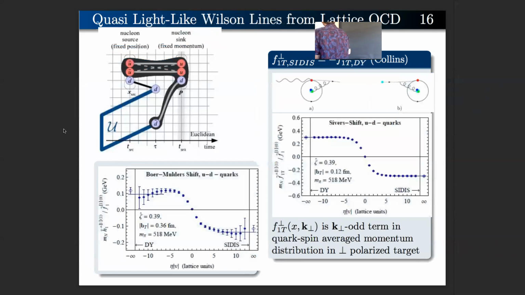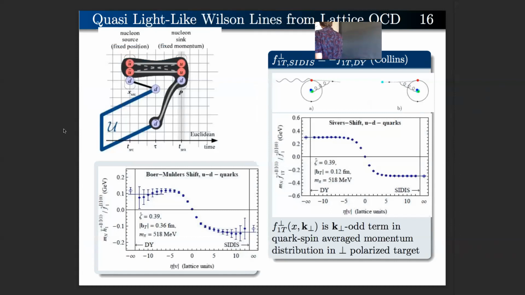What they did already a couple of years ago, they used that observation to calculate some observables related to the Sivers function and the Boer-Mulders function. And these are examples of results that they obtained. What's plotted here is the average transverse momentum obtained in a moving nucleon, and the x-axis is the length of the staple.